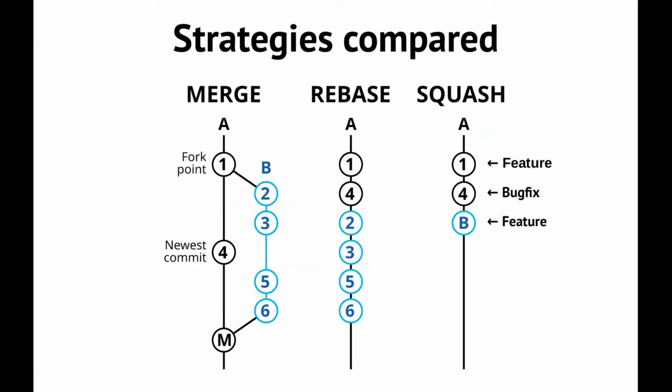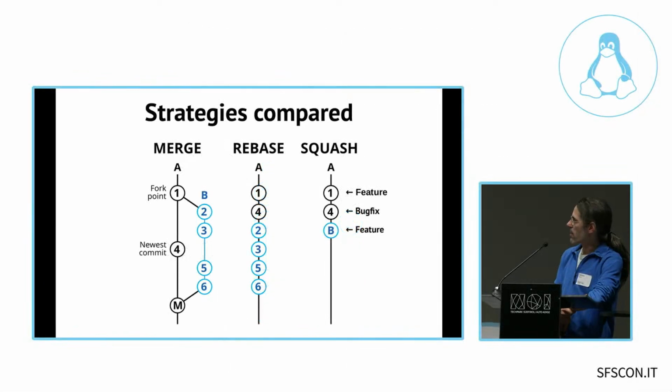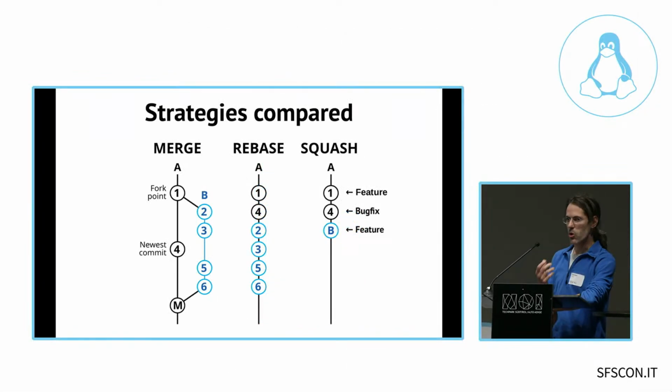For those who are not familiar with how these work, the concept is like this. Every dot is a commit. You start from the main branch, and then you start a branch, which is B. On a regular branch, you do some commits. The main branch might do some commits too, and then in the end, you merge the history, and you get a merge commit.